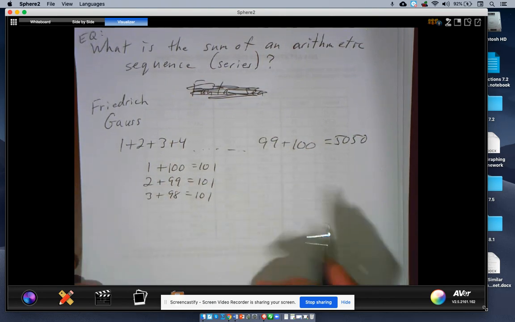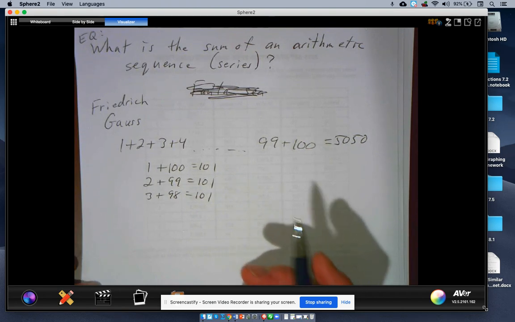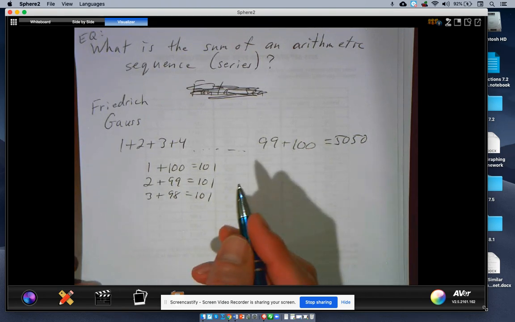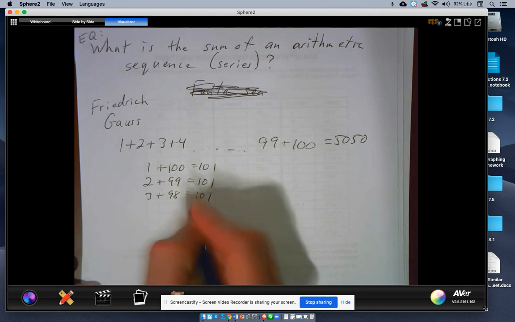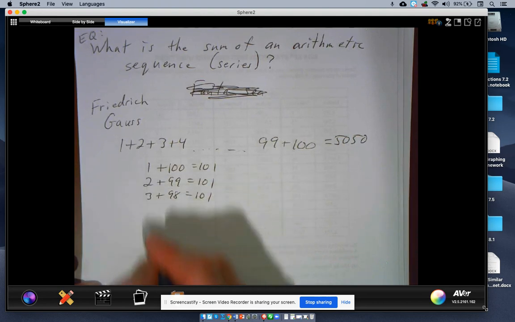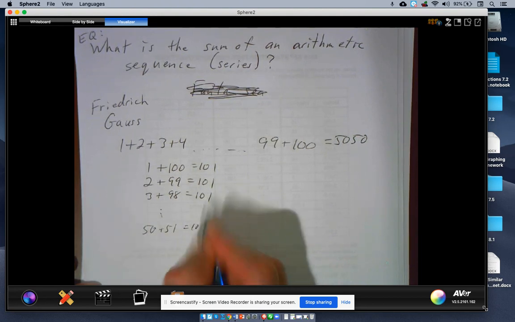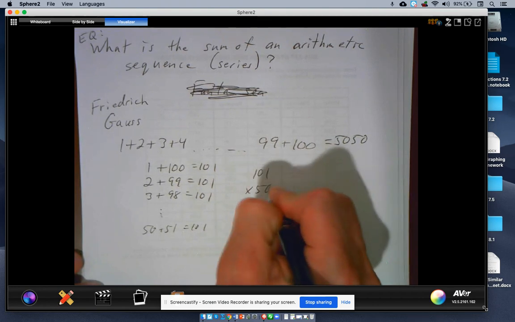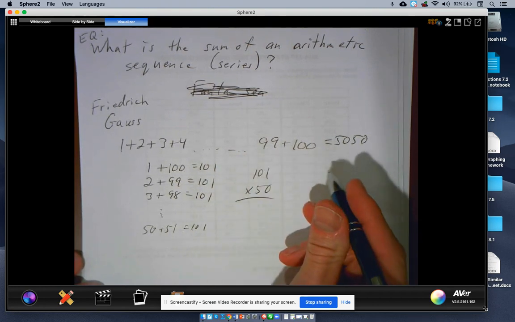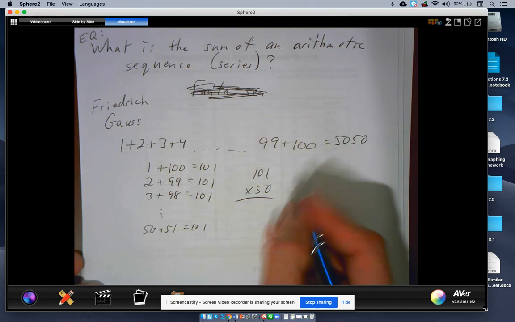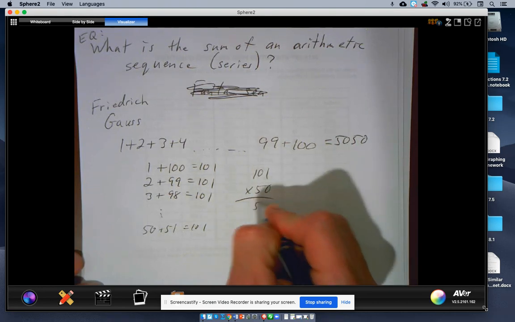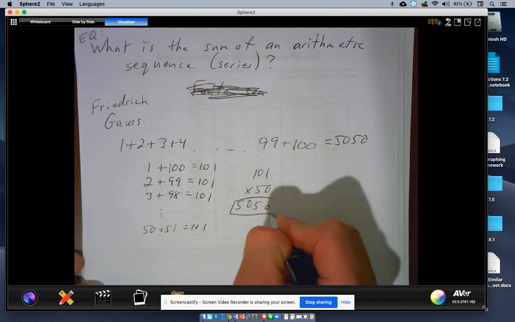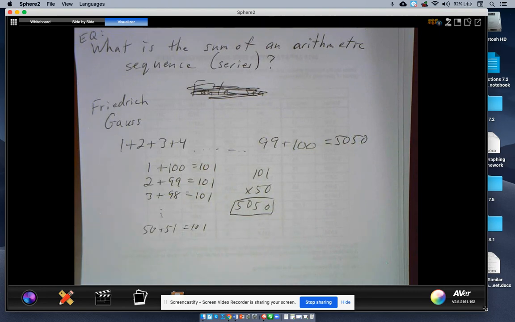And he realized that if he did that 50 times, he would have all the numbers added up, because he'd go 1 through 50, and his last pair would be 50 plus 51, which equals 101. So if he does it 50 times, he has his answer. 101 times 50 is 5,050. So he figured it out by using multiplication.